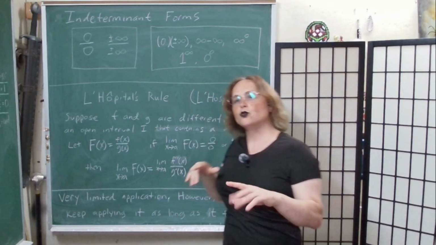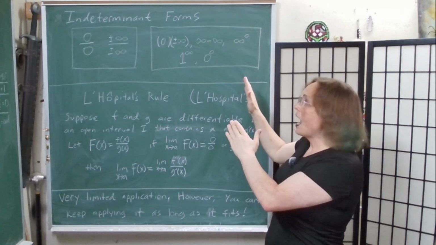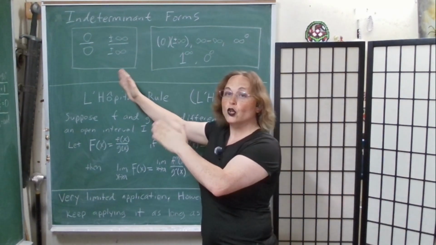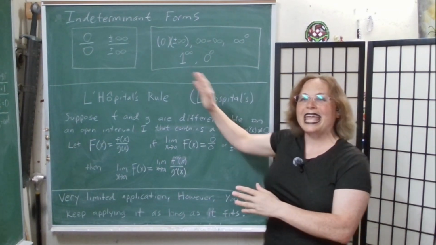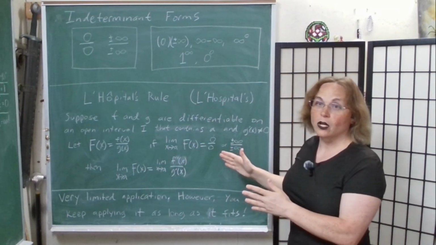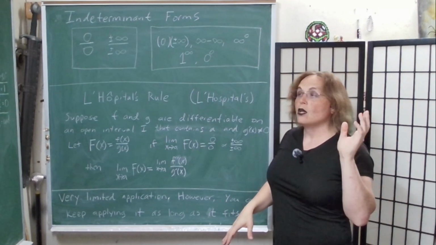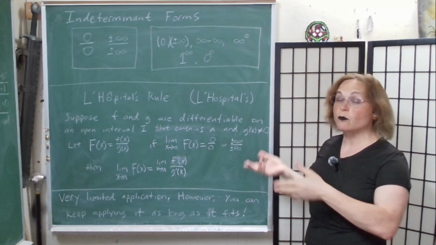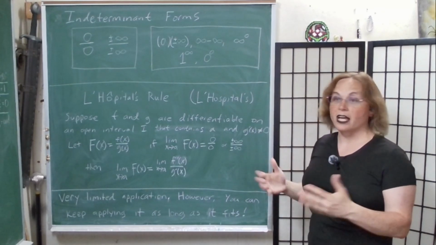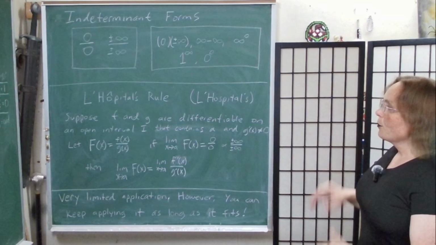What we're going to learn is how we can take these indeterminate forms and shift them into looking like this so that we can apply L'Hopital's rule. Because if we can't do that, we can't use L'Hopital's rule, and there are other, more powerful methods that we're going to learn later, or we'll have to use some of the methods that we've previously used, such as the squeeze theorem.